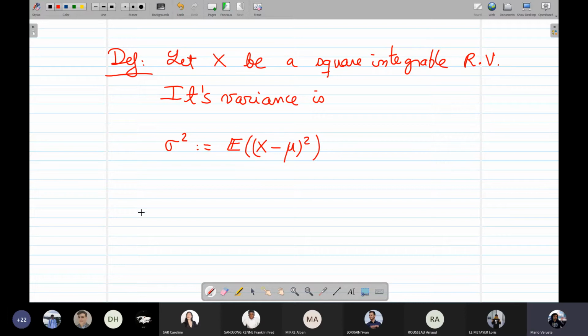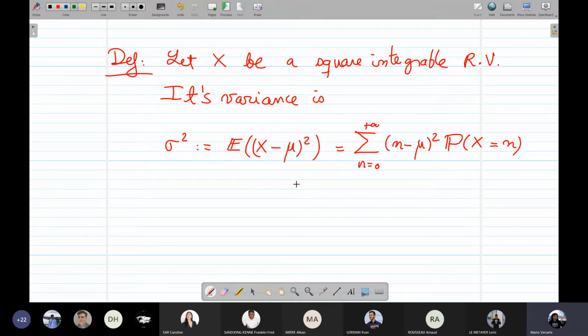Okay. This can also be computed if you express this expectation as a sum. This is no more than the sum of (n minus mu) squared times the probability of X equals n, and this sum goes from 0 to infinity. Okay. There's another thing which is very, very classical.